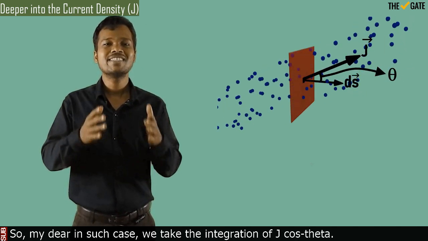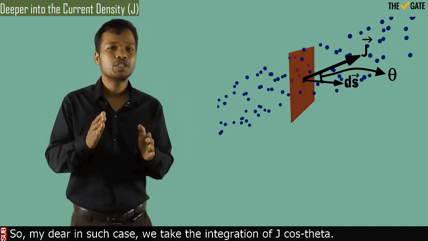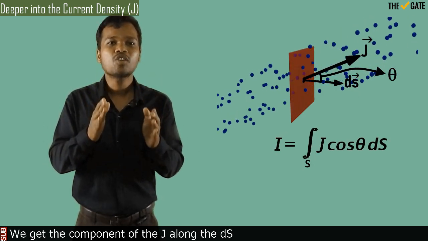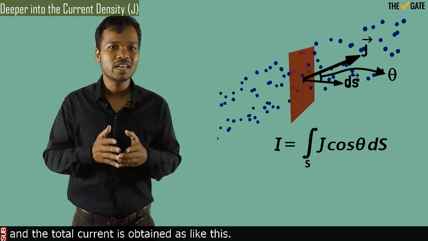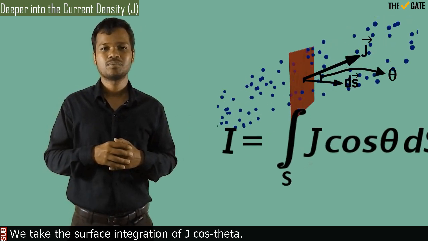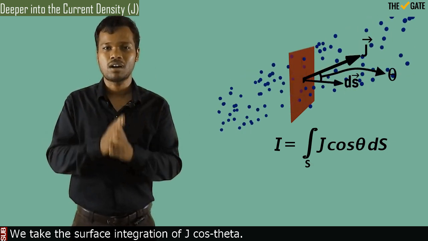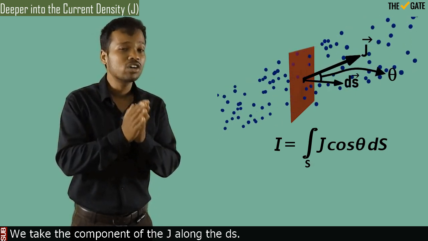So my dear, in such case, we take the integration of J cos theta. We get the component of J along the ds, and the total current is obtained like this. We take the surface integration of J cos theta. We take the component of J along the ds.